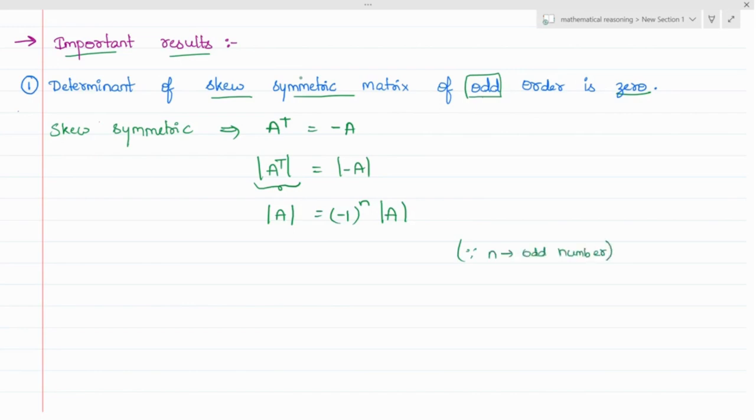So when it is an odd number, obviously minus will remain and determinant of A will come. So when it comes to the LHS side, it becomes 2 times determinant A equal to 0, and from here we can say that determinant of A is 0. So determinant of a skew symmetric matrix of odd order will always be 0.